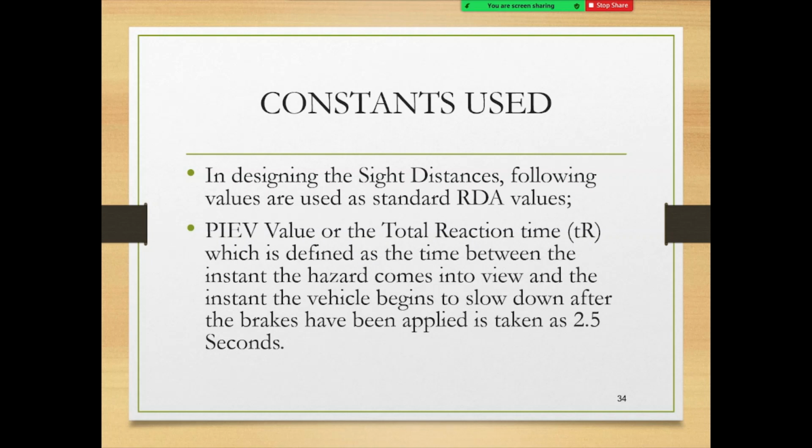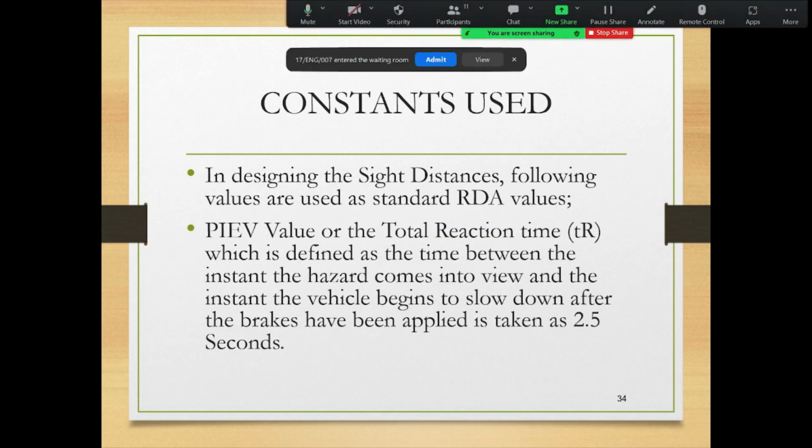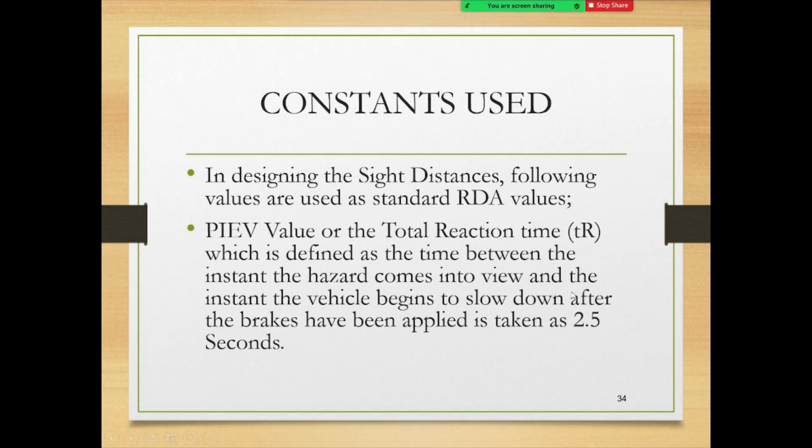Now you know, when you see an obstacle, there is a process going on in your head. You see the obstacle, that means the visual signal has reached your eye and the eye has to give that news to your brain: there is an obstacle.